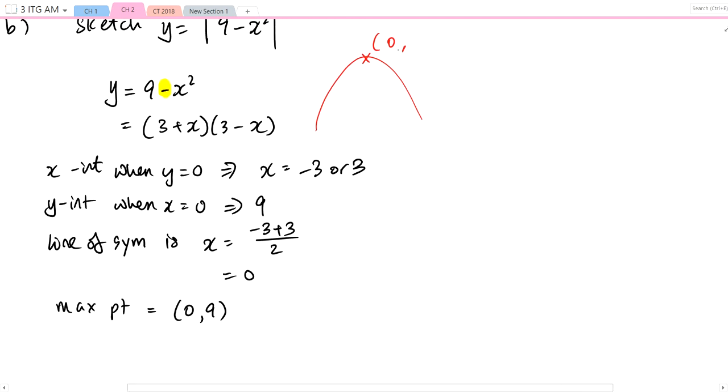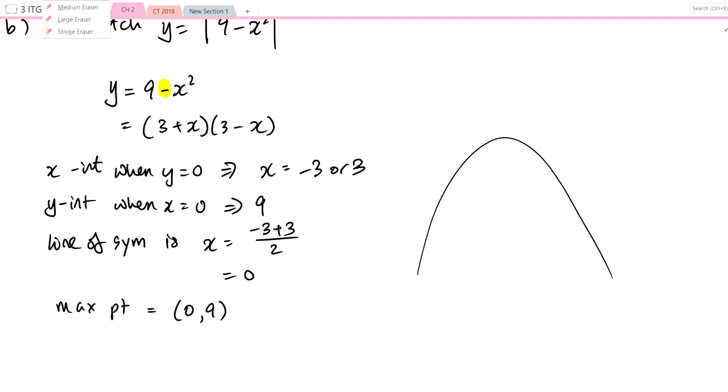Okay, so drawing the graph. Parabola opening downwards. Try to get it symmetrical.